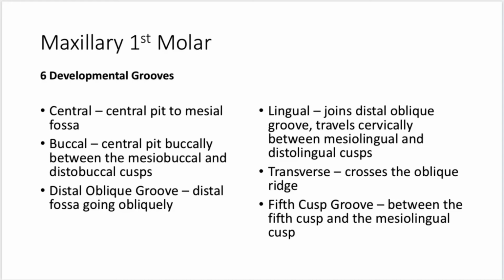The lingual groove joins the distal oblique groove and travels cervically between the mesiolingual and distal lingual cusps. The transverse groove crosses the oblique ridge. The 5th cusp groove runs between the 5th cusp and the mesiolingual cusp. The 5th cusp is the cusp of Carabelli.